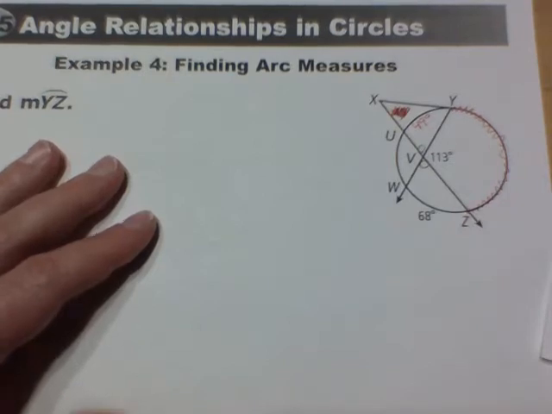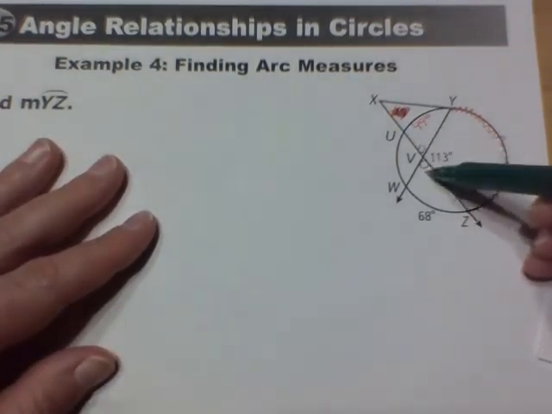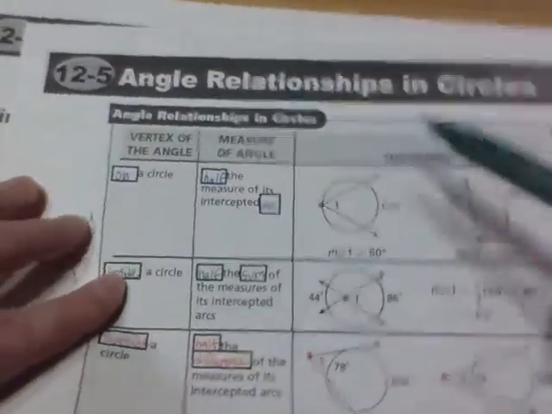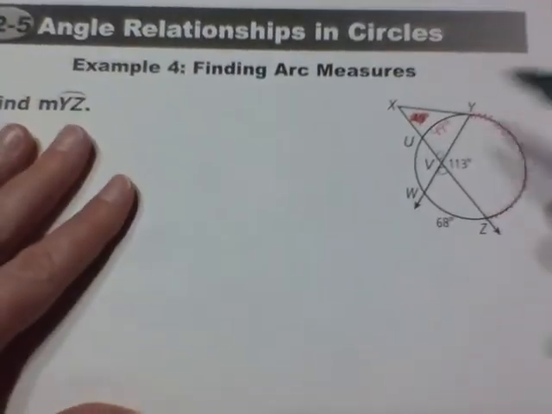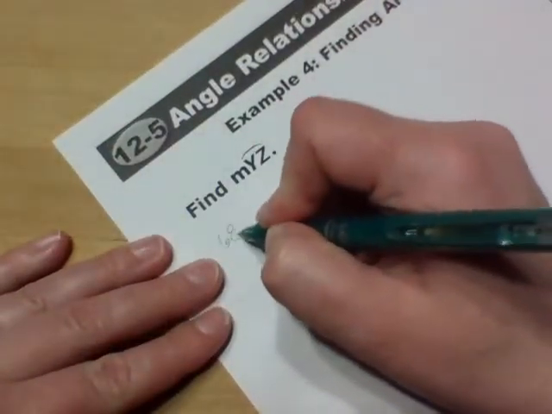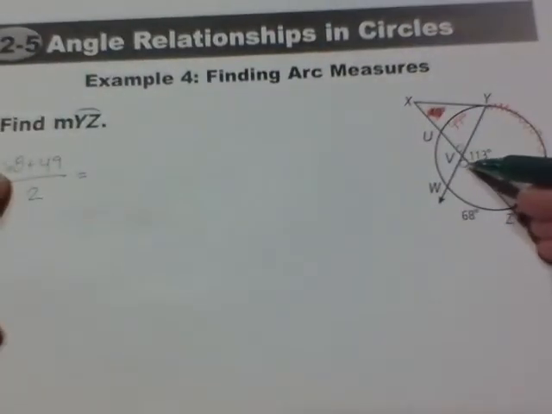All right, excellent setup. So in order to get these central angles of the inside, okay, so remember that that's inside, we're going to do half the sum of those arcs. So we're going to take 68 and 49, add them together, divide by 2, and we'll get these two green angles here.